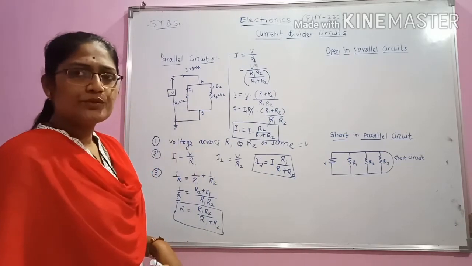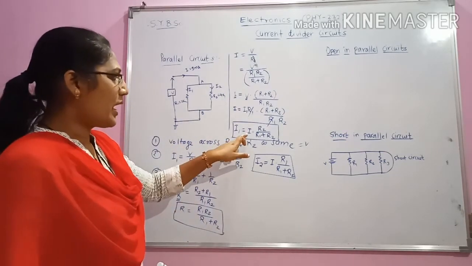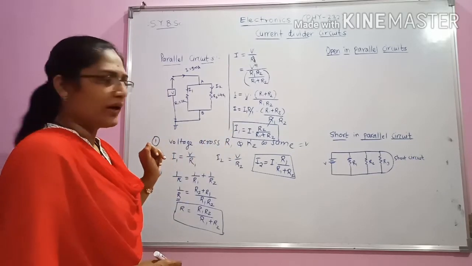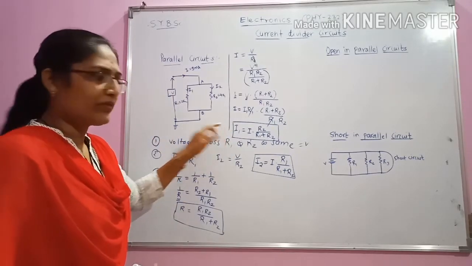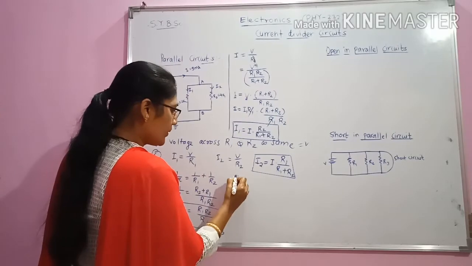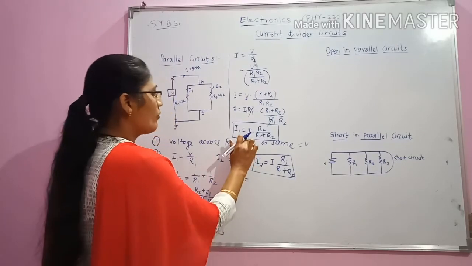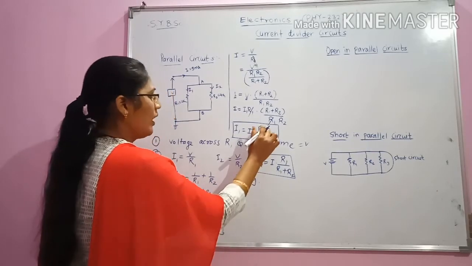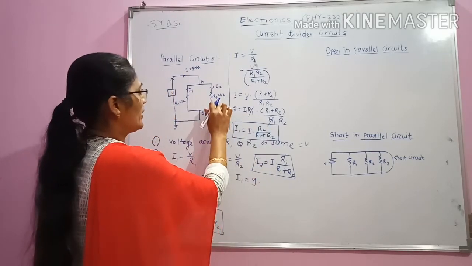Now we have to substitute the values of I, R1 and R2 in this respective formula in order to get the value of I1 and I2. In case of I1, we have to substitute the value of I. I is nothing but 9 into R2. What is the value of R2?